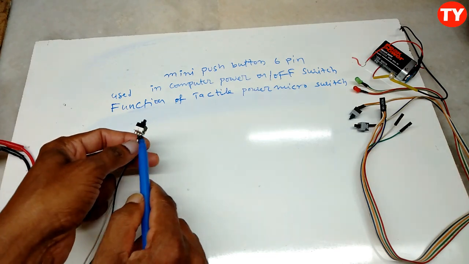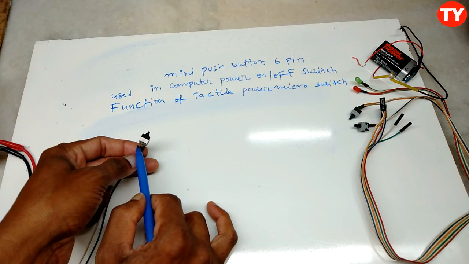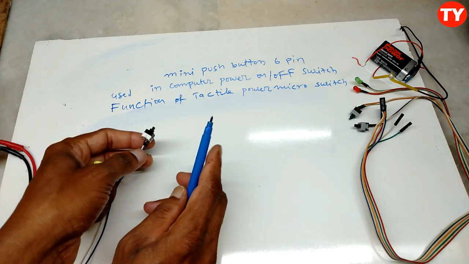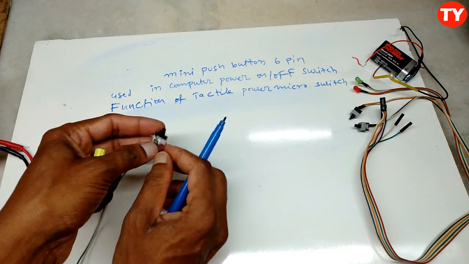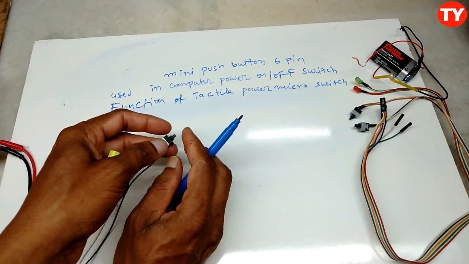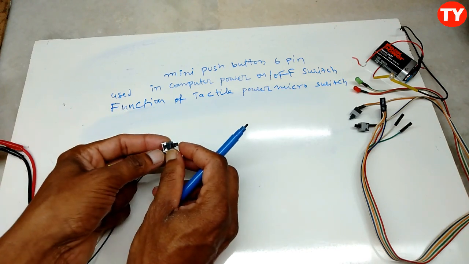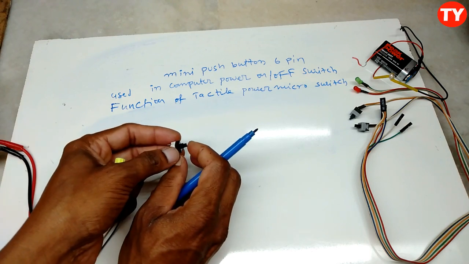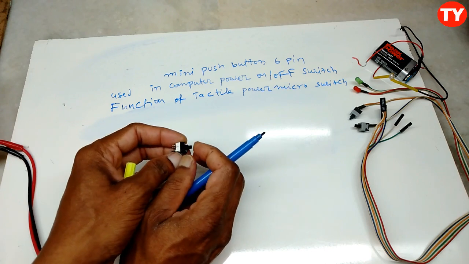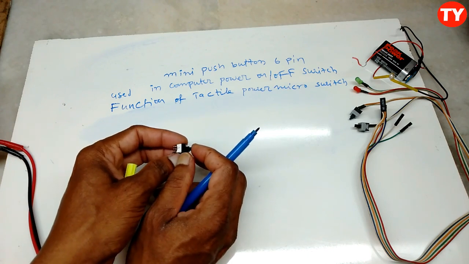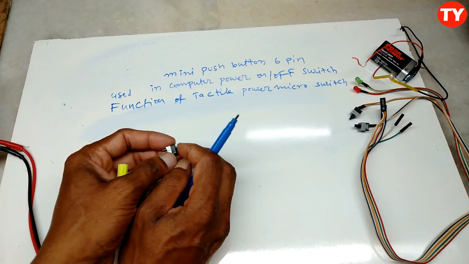This switch has 6 pins: 1 2 3 4 5 6. All these pins are normally open, disconnected, and when this button is pressed, they are momentarily connected, closed, and complete the circuit.